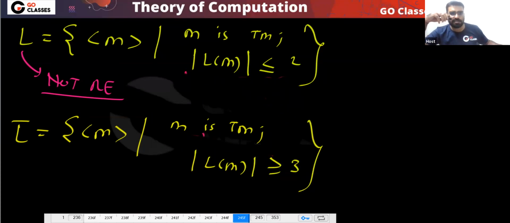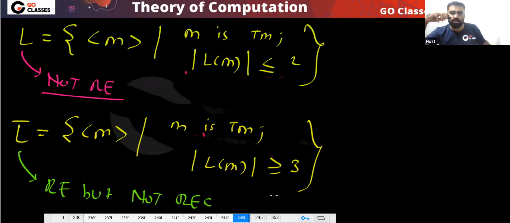This is RE, right? This language is RE but not REC. Dovetailing can help you. As soon as you accept 3 strings, you can stop.